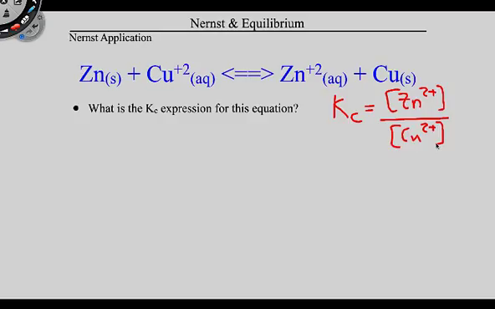Yeah, because guys, the zinc and the copper are solids. This is a heterogeneous equilibrium. They don't have concentrations. So the Kc expression is simply the concentration of product zinc ion divided by the concentration of reactant copper ion.